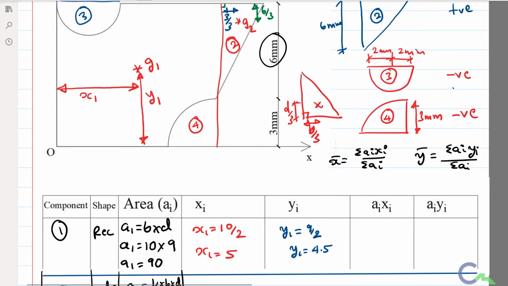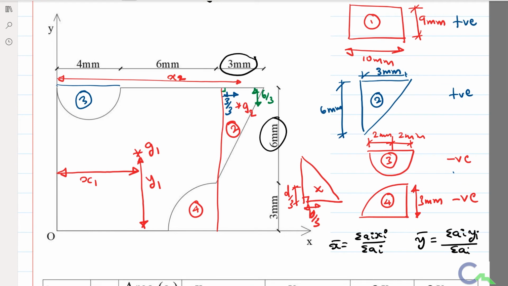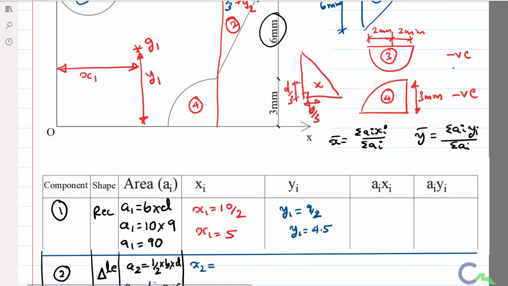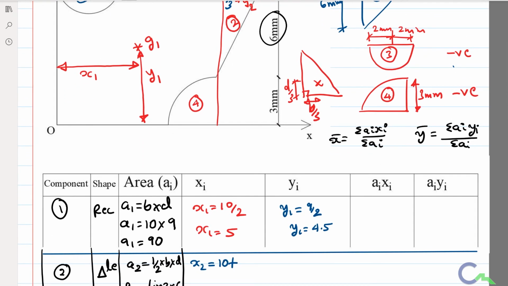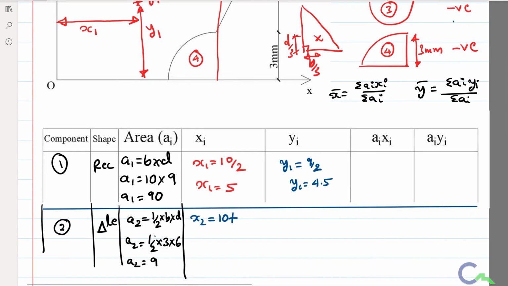So therefore x2 I can take, from OY axis till here, that is 10 mm, that is 4 plus 6, 10, plus the remaining I already taken, that is 3 by 3, that is 1 mm. Therefore x2 we will get 11 mm.